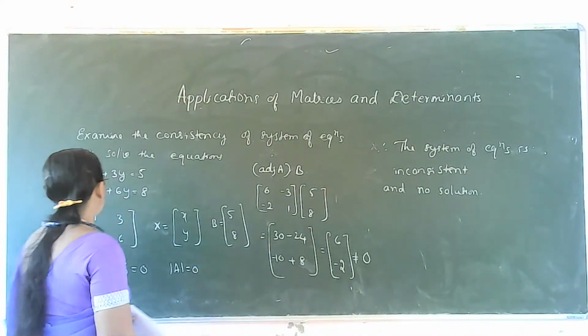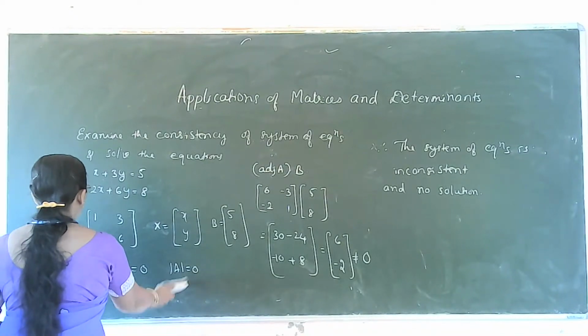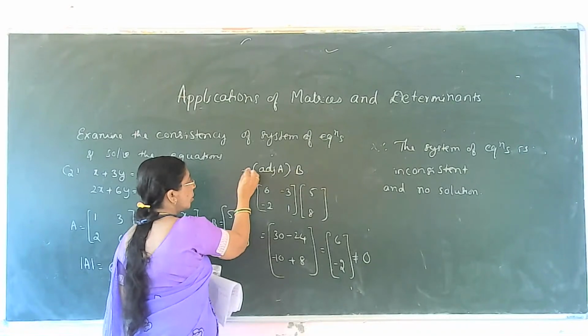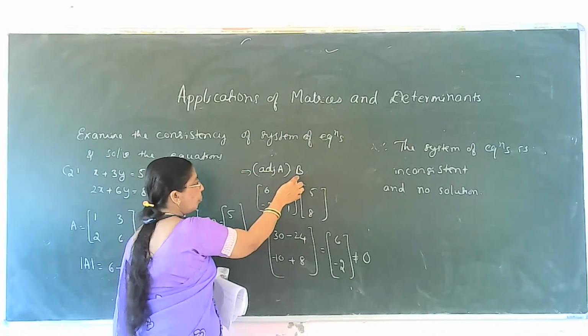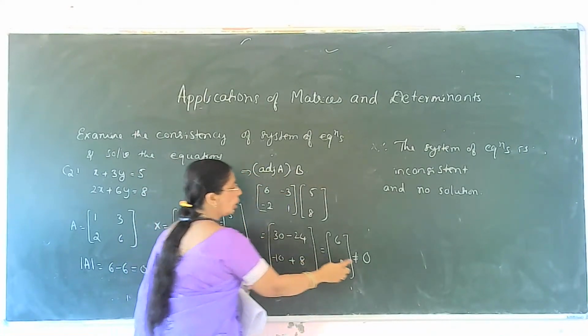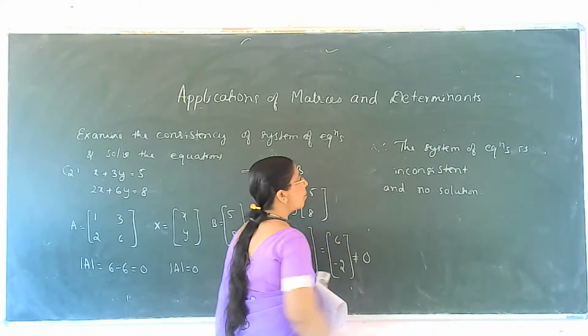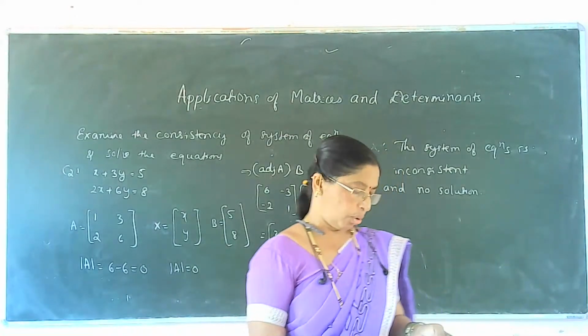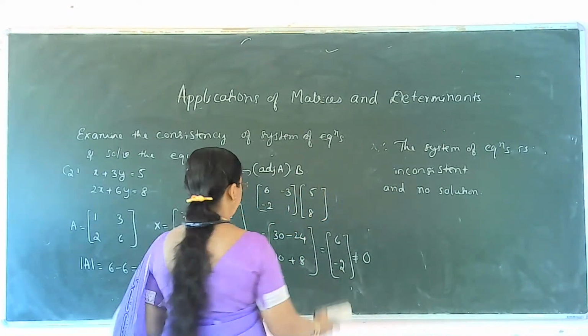Right? If the determinant value is equal to 0, then we find the value of adjoint of A into B. If it is not equal to 0, the system of equations is inconsistent and has no solution.